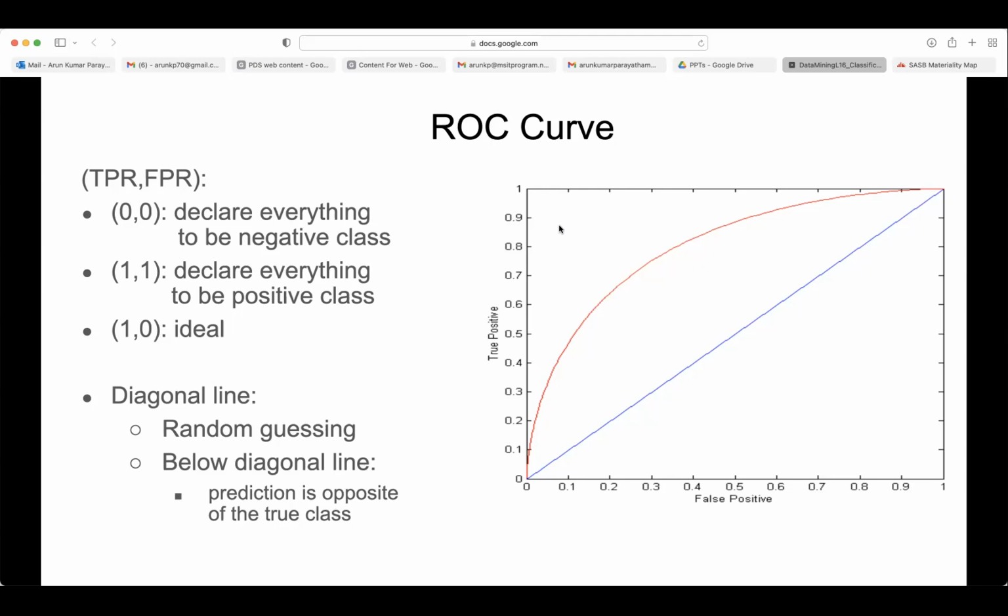The area above the curve within the rectangle should be minimal. So whatever curve you are getting, the area under the curve, which is covering this rectangle, should be more than the area above the curve. In the ideal case, your curve goes to 0, 1 and then to 1, 1. So it goes directly like this.